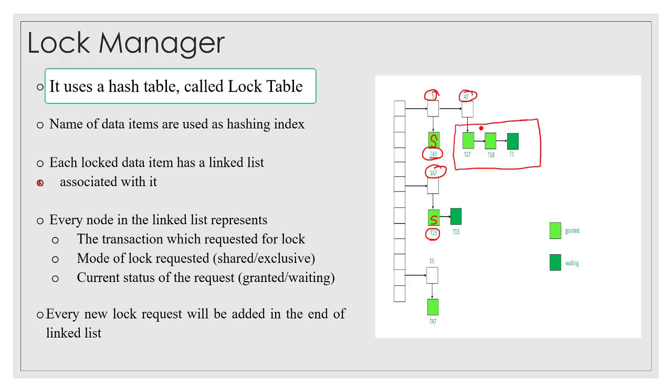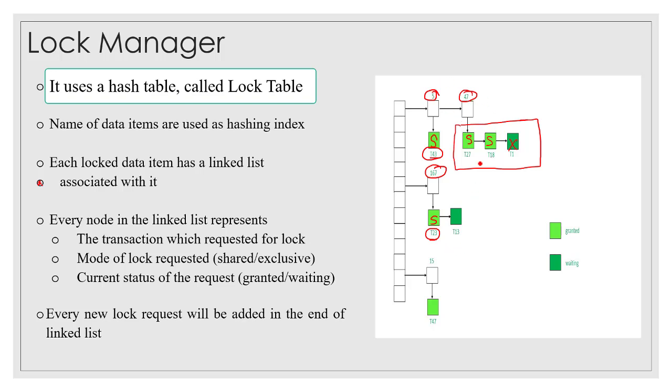So the locks here need to be shared and shared, otherwise both of them cannot be granted. Similarly, transaction 1's requested lock is in the waiting stage. As it is in the waiting stage, we can say that it will be an exclusive lock. So T1 has requested an exclusive lock on data item 47.